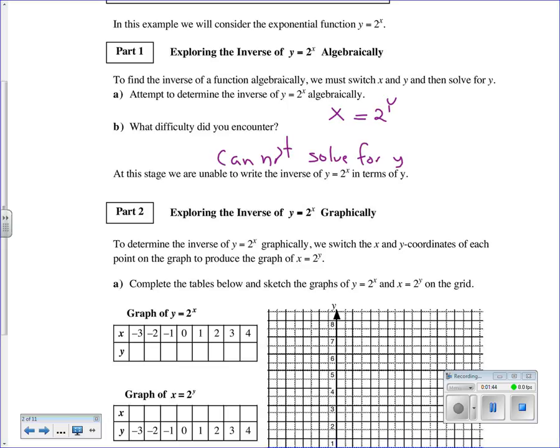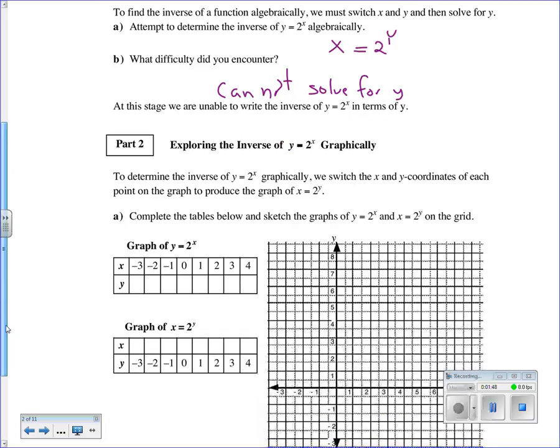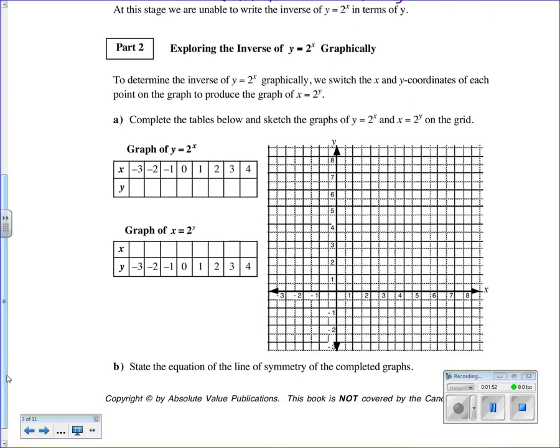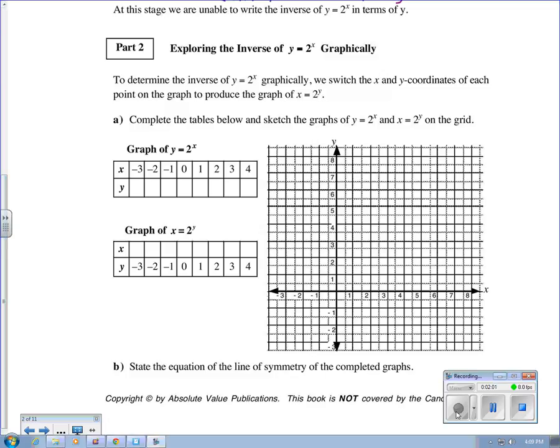We've got two graphs to build, so your calculator is helpful for that. Can you please plot the graph of y equals 2 to the x and then find the inverse by flipping your x and y as we're used to? It's good to go through the exercise of finding inverse.